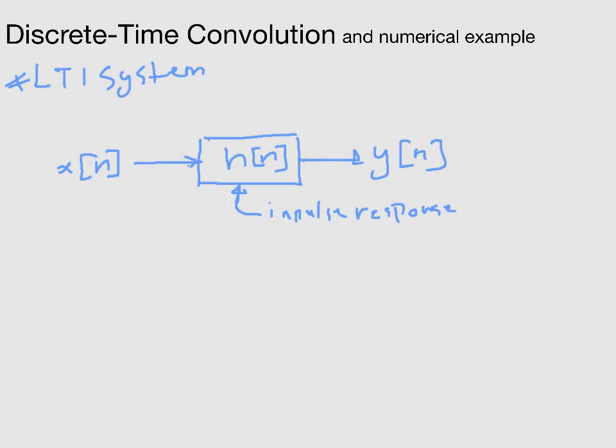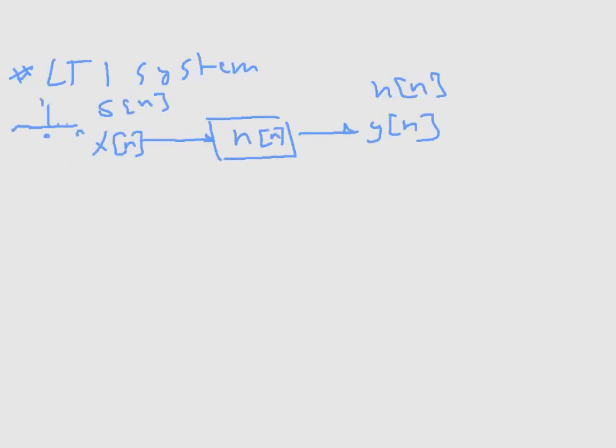Let's consider what the impulse response means. If I apply the delta function, delta[n], on the input, it is a single sample with value 1 at time n equal to 0.